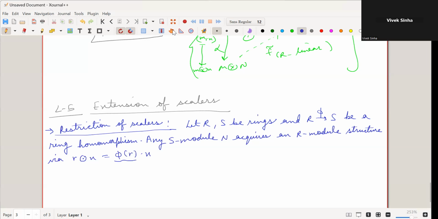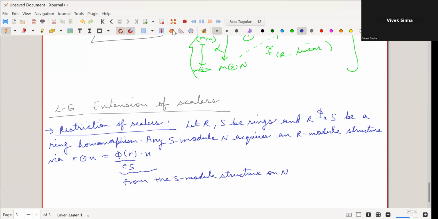So this phi(r) belongs to S, and this is from the S module structure. So using the S module structure on N, one can define the R module structure over N.